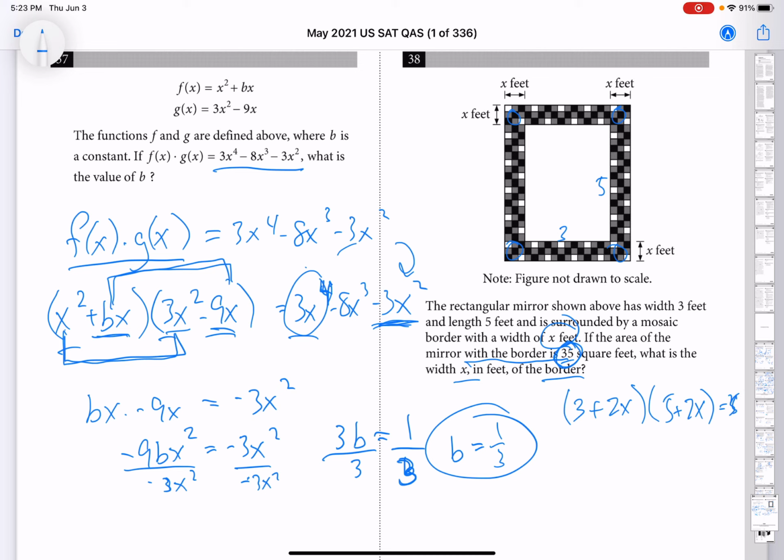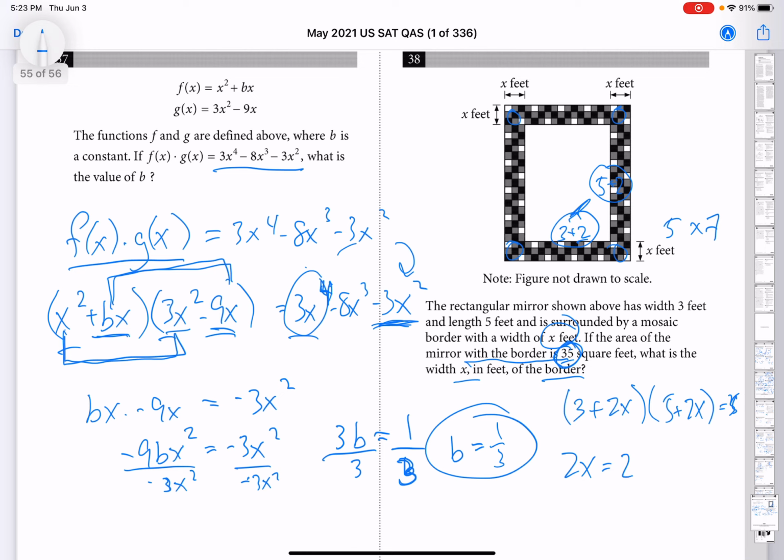You can do a quadratic here, but between 3 and 5, we can just make this 5 times 7. If I add 2 to each, basically you can just make this 2x is equal to 2.